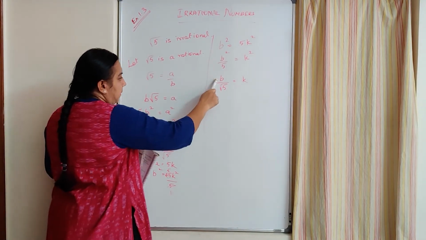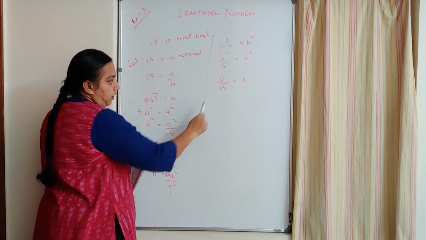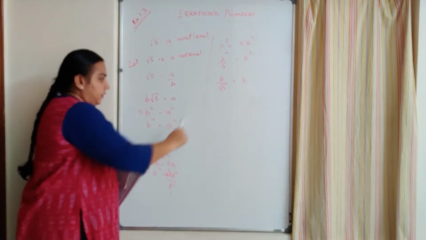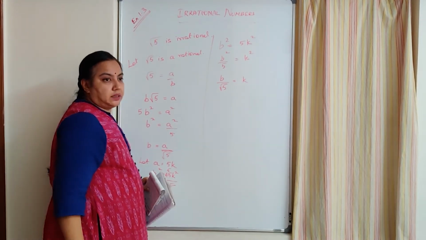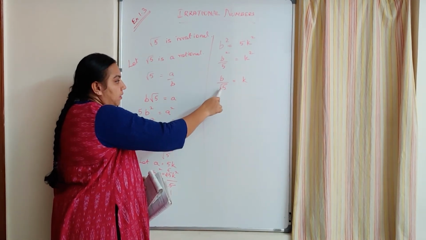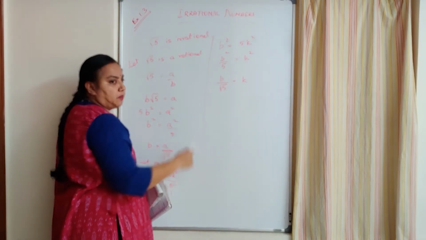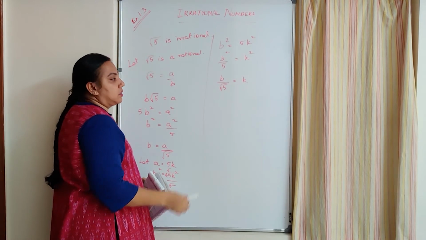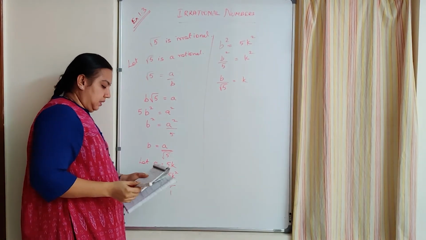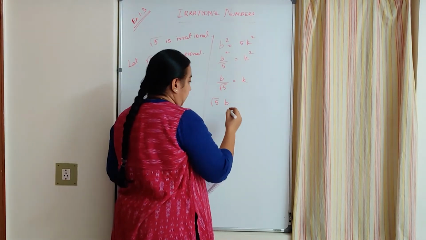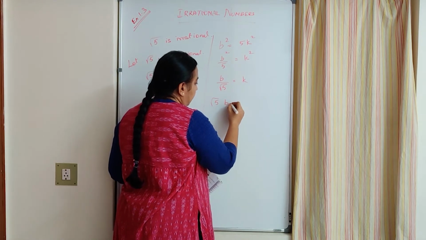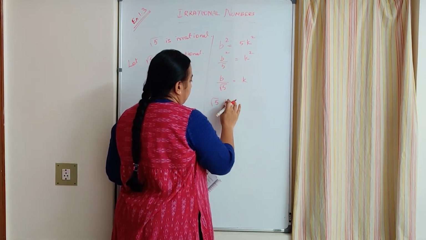The same number, a and b, is being divided by square root of 5. If these are going to be equal, then I can say that square root of 5 is a factor of a and also of b. But it's not possible. So because of the contradiction, we can say square root of 5 is irrational.